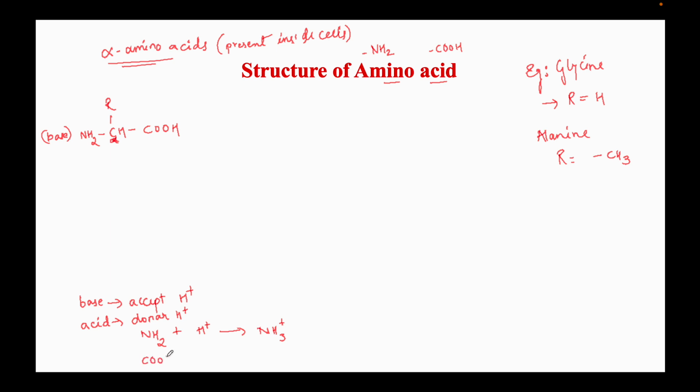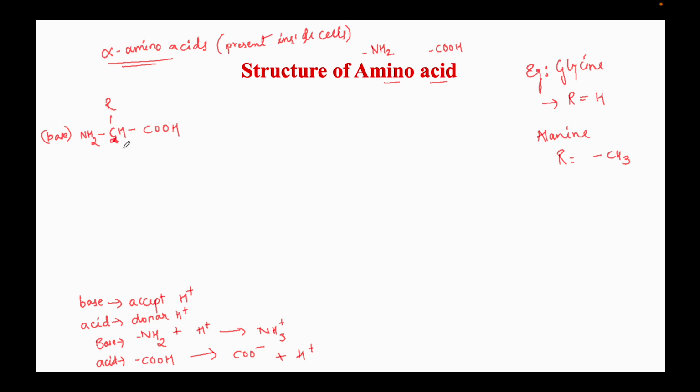So the carboxylic acid donates a proton and becomes C double bond O minus plus H plus. So a base is the moiety which accepts a proton, and an acid is a moiety which donates a proton.